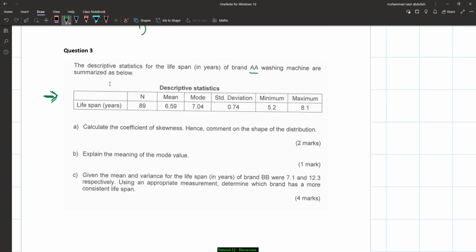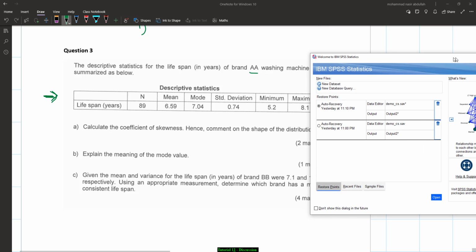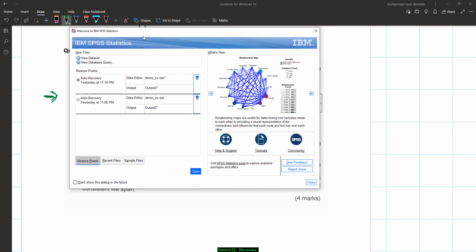So how do we get this result? You need to open your SPSS. I just got the latest version, SPSS version 28. Once you open version 28, a dialog box like this comes out. This is the newer version.